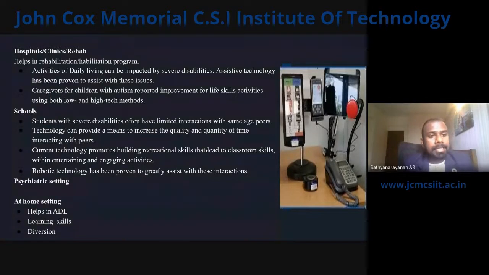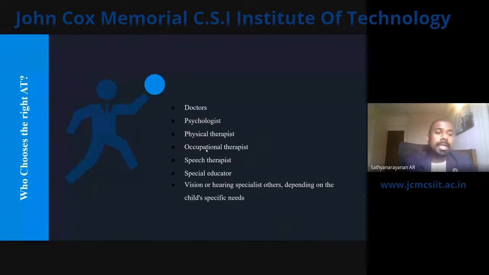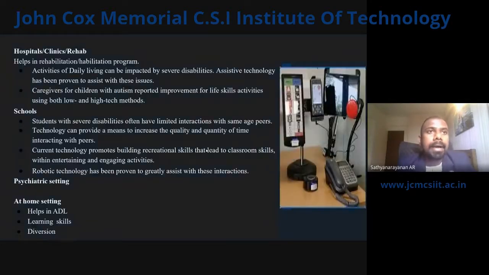As I mentioned about choosing the right AT, apart from that there are institutions and research organizations that actually validate the AT system. For example, for the autism community, there is the Rehabilitation Council of India, the National Trust, NIPMR in Kerala, the Social Security Mission, and NIMHANS in Bangalore.